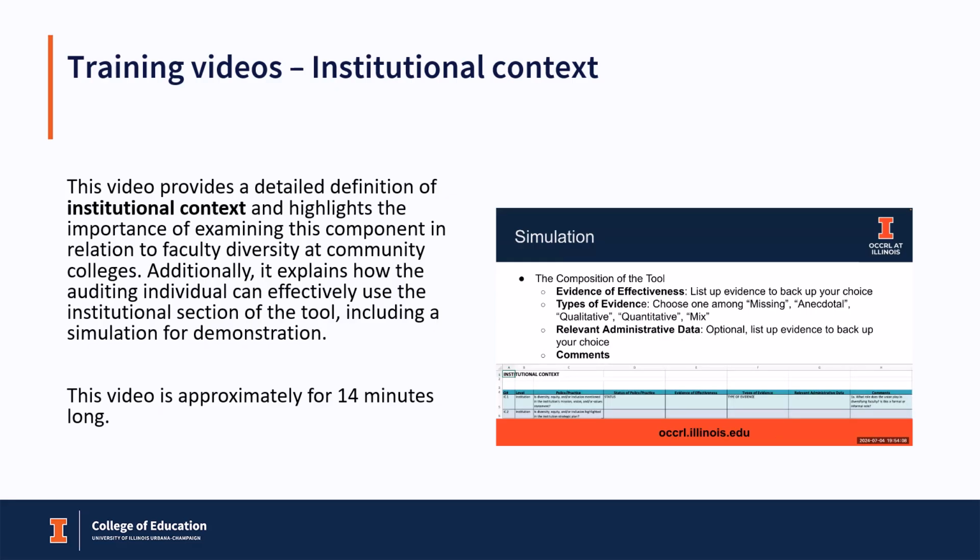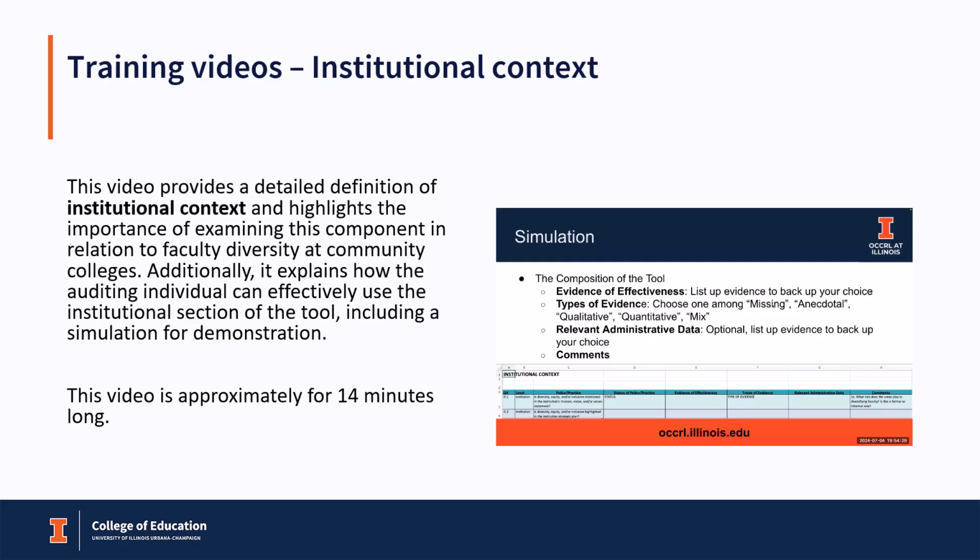So next, to make your answers objective and evidence-based, you can list evidence to back up your choice in the evidence of effectiveness column. Then we have the types of evidence column. Here you can choose one of the following.